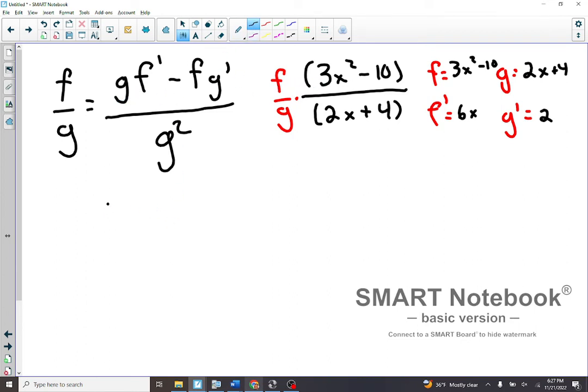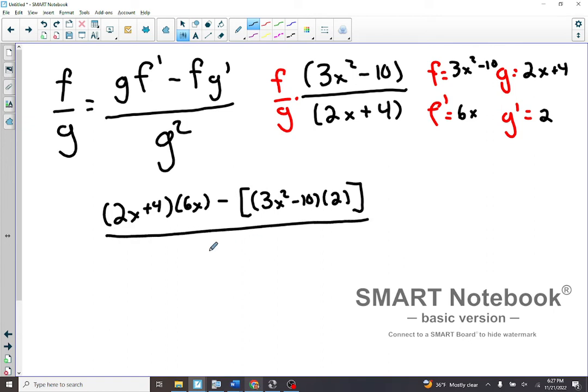G goes first, so that's 2x plus 4 times f prime, which is 6x, minus, I usually use brackets to represent this as the whole thing itself, f, 3x squared minus 10, g prime 2, all over 2x plus 4.